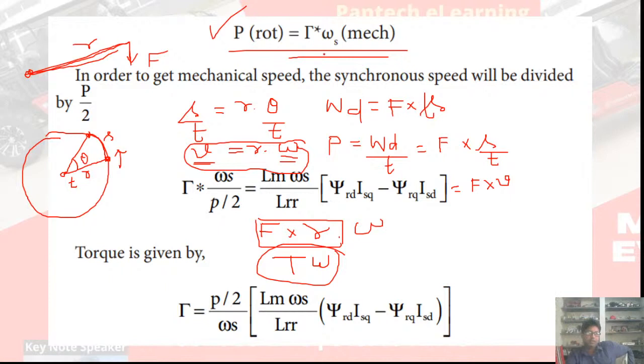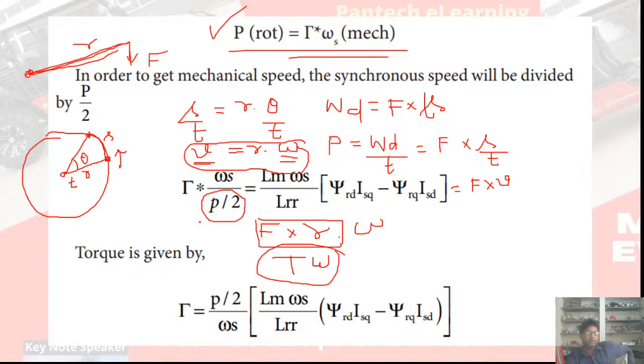So that's why I have used mechanical. Okay, omega s mechanical, omega s rotor side. But as we know, from the stator side, if I want to go to the rotor side, we already learned the RPM synchronous speed calculation. When you are going to the rotor side, you have to divide that stator frequency by pole by 2. So omega s mechanical is nothing but the omega s stator divided by pole by 2.